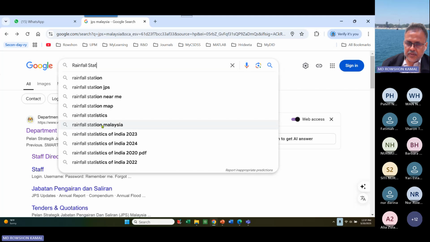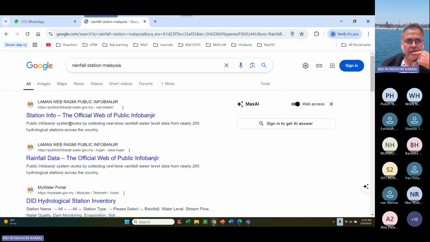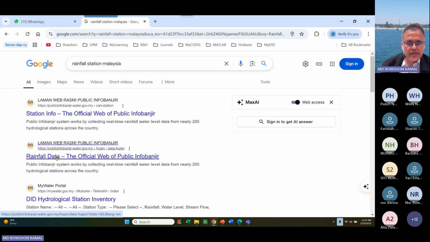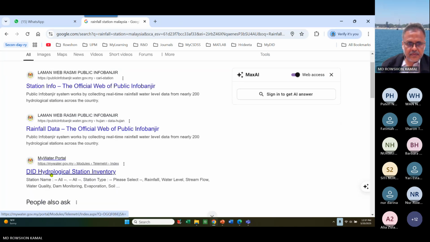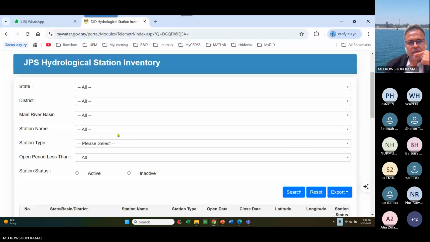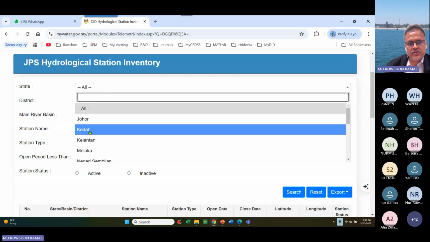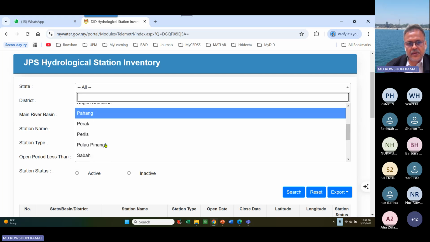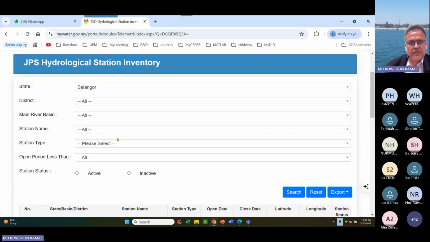Okay, what you want to see? Let's say Malaysia. Station info. Rainfall data. So this is the rainfall data you can find here. Hydrological station inventory. Now if you go by state, Johor Bahru, Kelantan or whatever. Let's say Selangor.